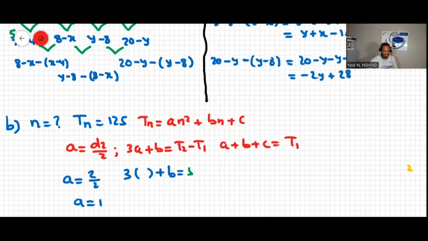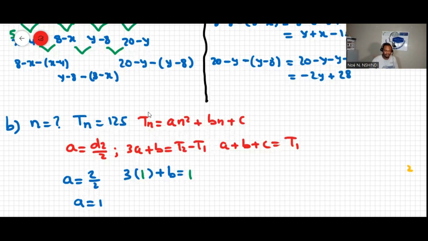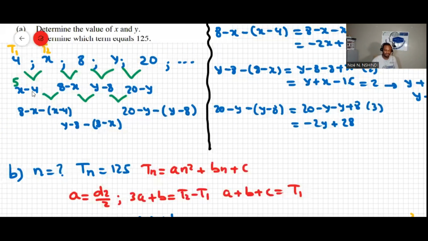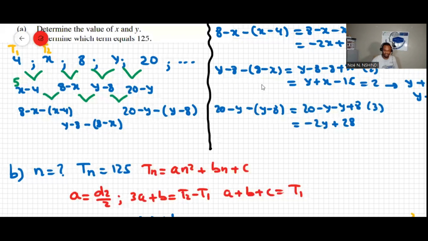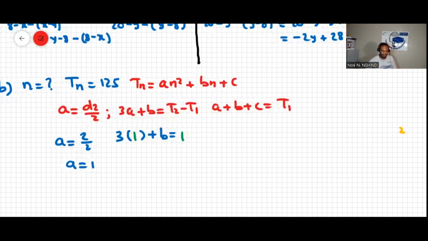Okay, sorry. A is 1, because we did 5 minus 4, it's 1. Now we can find that 3 plus b equals 1. So if I minus 3 both sides, I get b equal to negative 2.